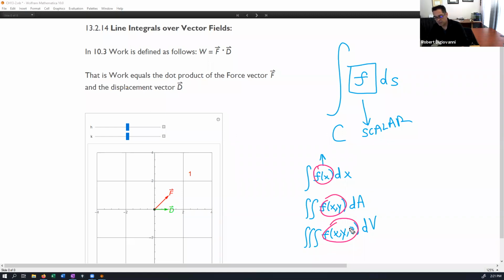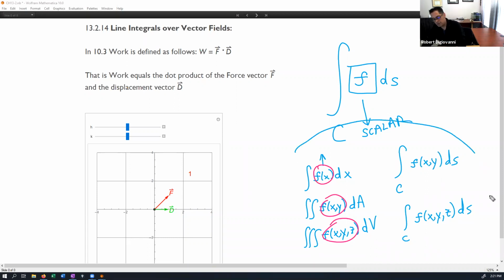Today, we're doing line integrals over C of f of x, y ds, or we could do line integrals over C of f of x, y, z ds. These could also be dx or dy here, or dx, dy, or dz.